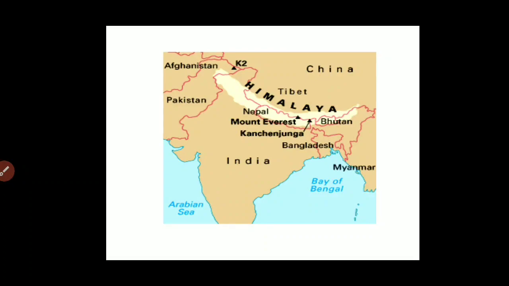So it starts in the east side and it stretches towards the west side. So these are the ranges of Himalaya, where you can see some important hills like Kanchenjunga, Mount Everest, K2. So these are the famous hills that are situated in Himalaya.